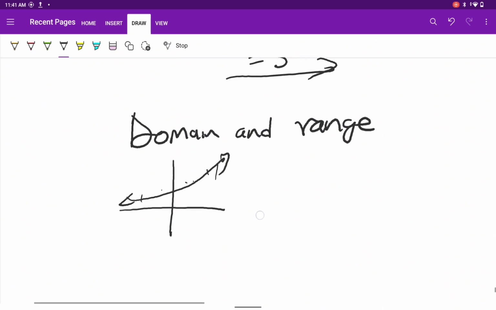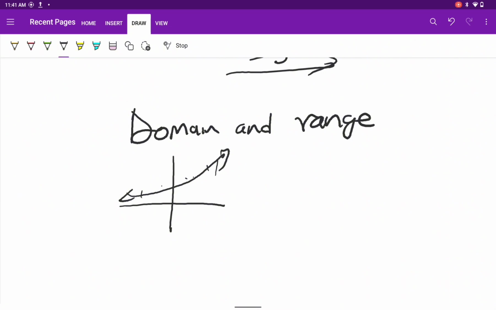So all values of x form part of the domain. It means we'll just say x is an element of real numbers. Hence they never actually ask for the domain of an exponential function. What they will rather ask is the range.